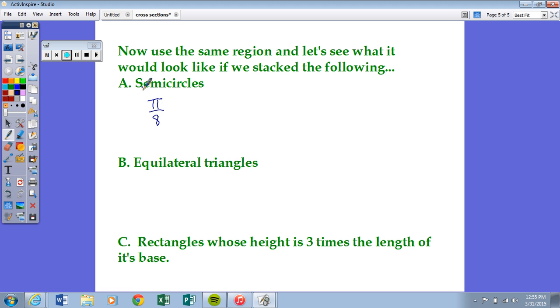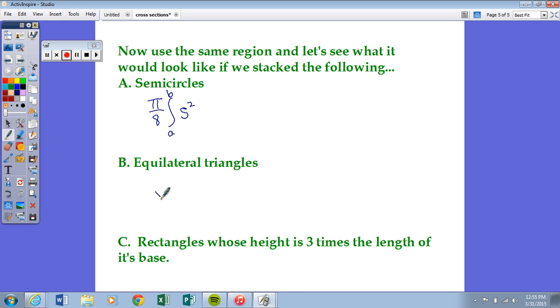So if you are stacking semicircles, you can use the coefficient pi over 8 times the integral from a to b of your r squared, or what I'm calling here your s squared, okay? This is the same thing as we did in class with the squares when we just squared the side, but now we're going to multiply that by pi over 8 if we're stacking semicircles. And we'll do an example in a second.